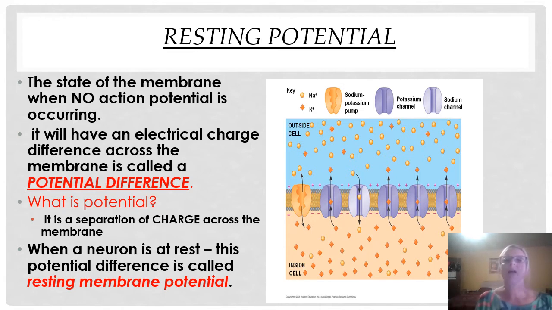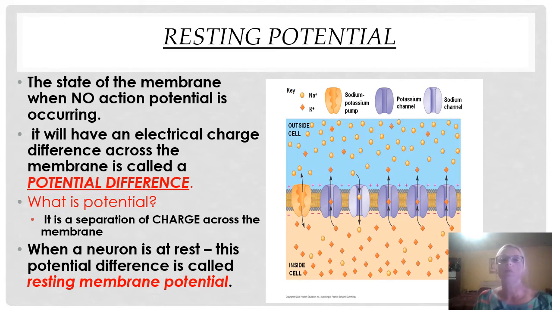So when an ion goes to the outside, which ion is going to have a higher concentration outside the cell? I told you that a minute ago. If you said sodium, you're right. Which one has a higher concentration during the resting potential inside the cell? That is potassium, right?